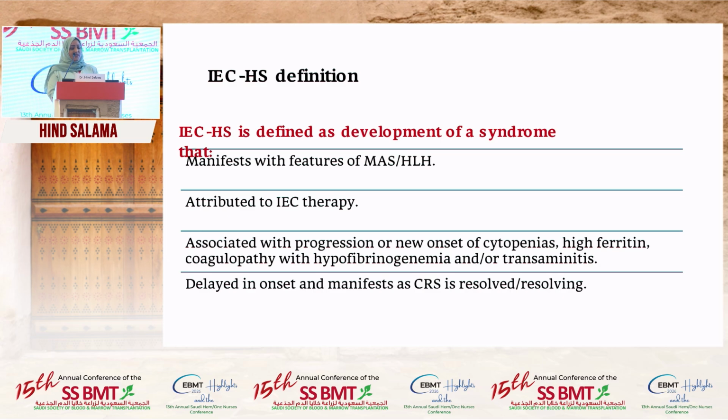So they defined the IEC-HS as manifestations with features of MAS or HLH attributed to immune effector cell therapy, associated with progression or new onset of cytopenia, high ferritin, coagulopathy, and/or transaminitis, and how to differentiate it: delay in onset and manifestation as CRS is resolved or resolving.